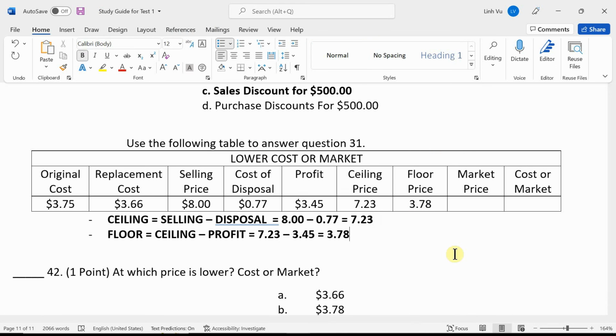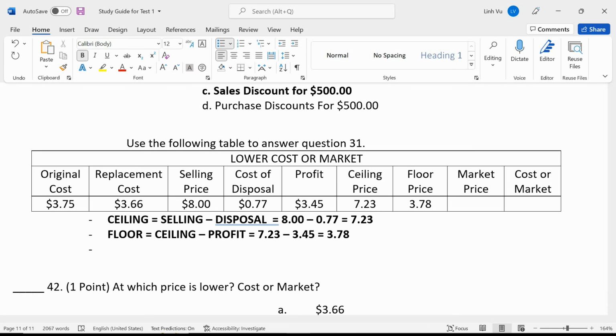Okay, so now we need to compare the replacement cost with the ceiling and the floor. So in this case, I have my ceiling to be $7.23, I have my floor price being $3.78, and my replacement is $3.66.